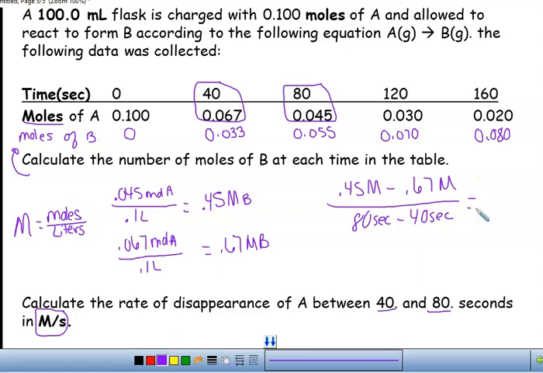So you've got 0.45 minus 0.67 divided by 40. And I'm going to get a negative, because A is going away, 0.0055 molarity per second. And that is our answer.